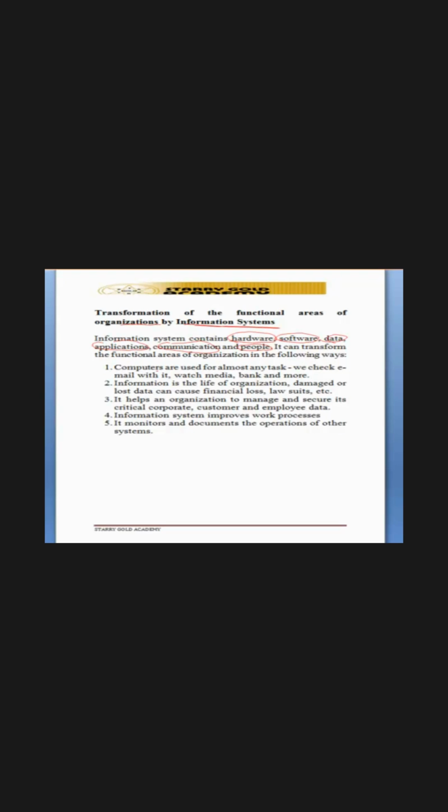1. Computers are used for almost any task, such as checking emails, electronic mails.